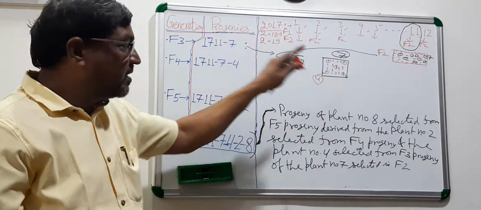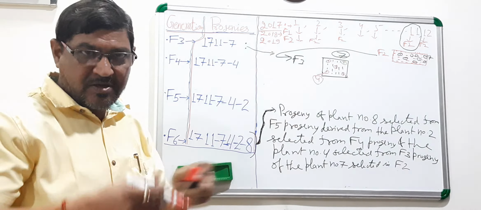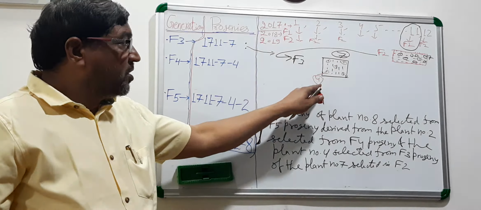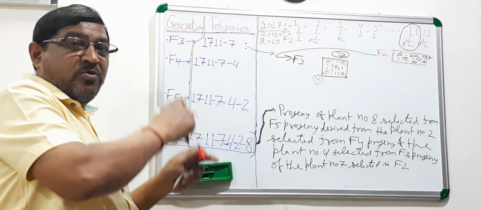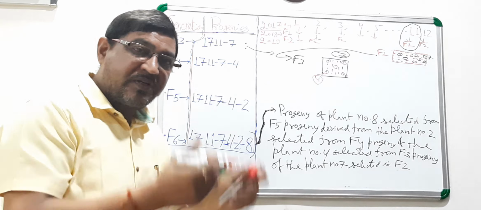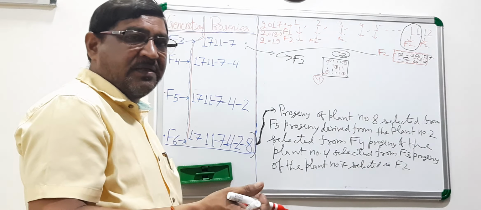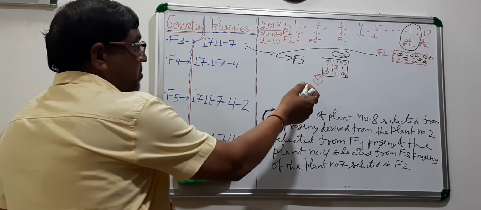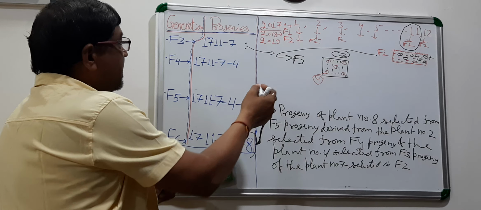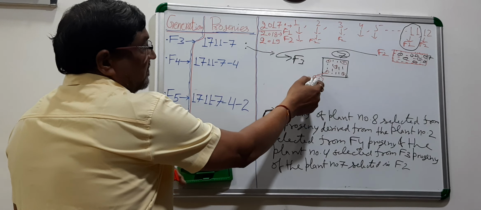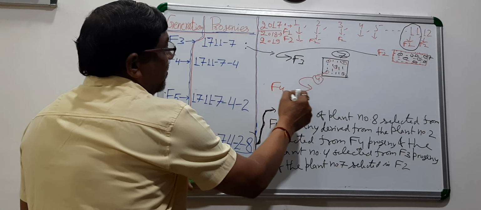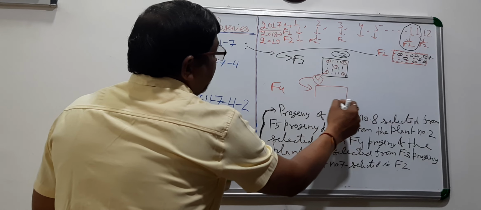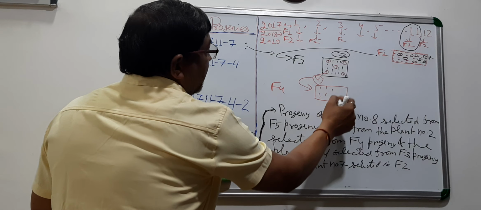This is the plant number 4. Several segregants you are getting, you are harvesting separately. So this is plant number 4. You are taking it for your record. You are harvesting it, and you are going to grow it in F4 generation. Now in F4, you are going to grow F4 of plant number 4.